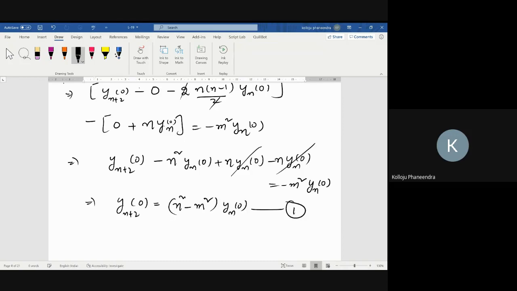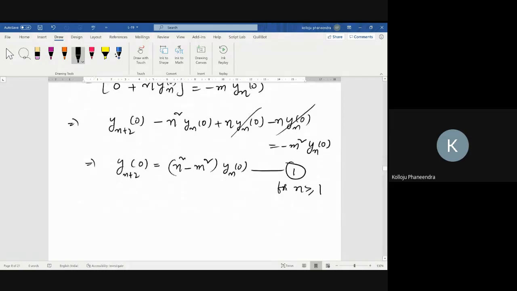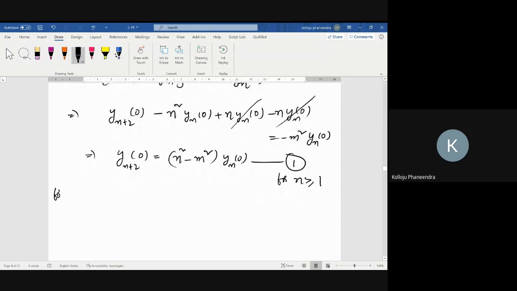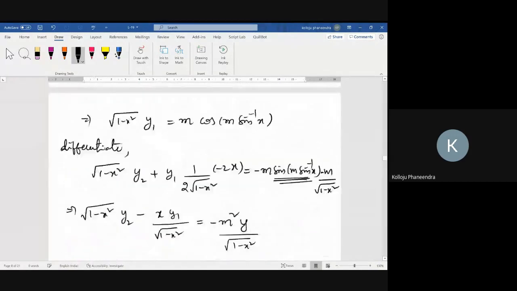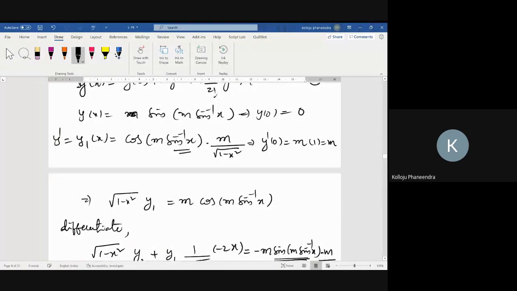This is 1. This is valid for n greater than or equal to 1, third derivative onwards. So put n equal to 1 here. For n equal to 1, y3 0 equals 1 square minus m square y1 0. What is y1 0? y1 0 means this part, m.